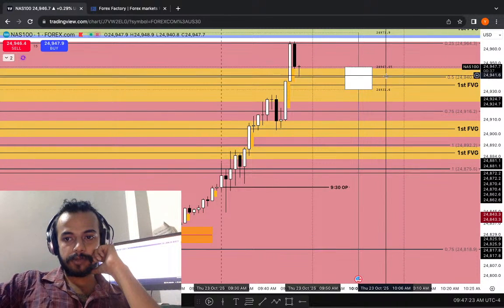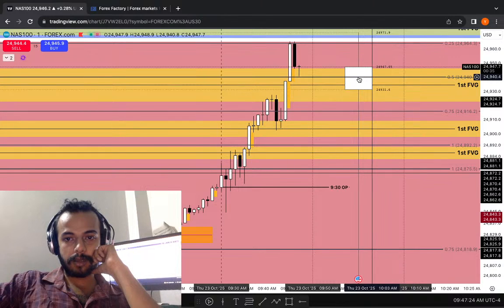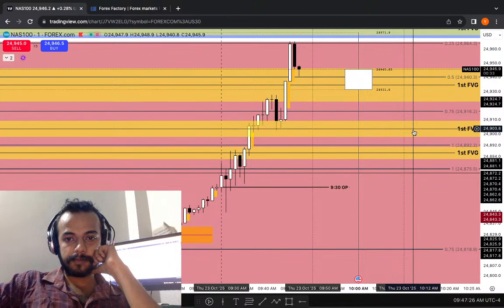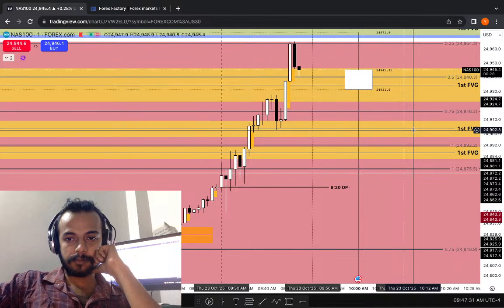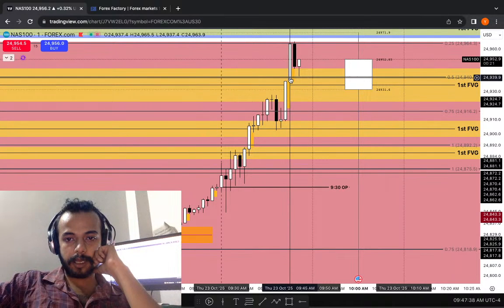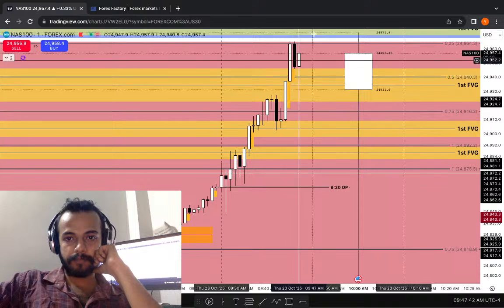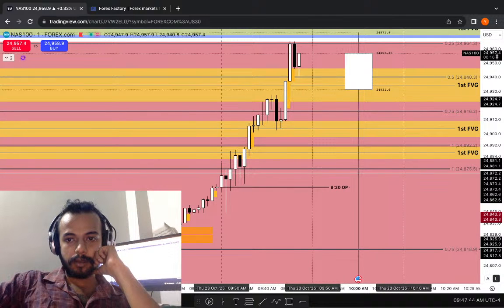But currently it is respecting the, but this is a high probability fair value gap. It looks like they will continue to send it higher.